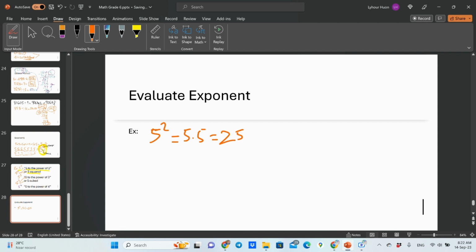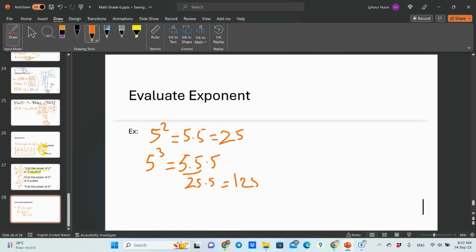Now, how about 5 cubed? 5 cubed is 5 times 5, which equals 25. And then it's 25 times 5, right? Yes, which is 125.